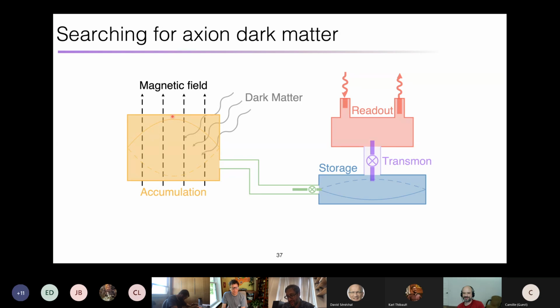In some sense the expensive piece is the dilution fridge, and you can fit quite a number of these cavities in one. So that's the plan for scanning: we would probably make 4 or 5 at a time and run these experiments in parallel with a tuning element.